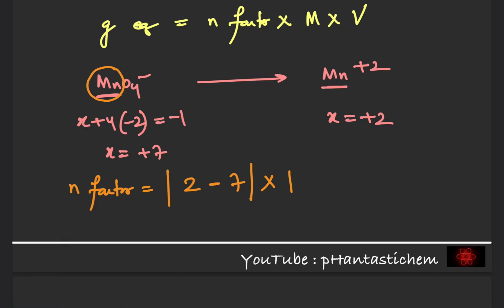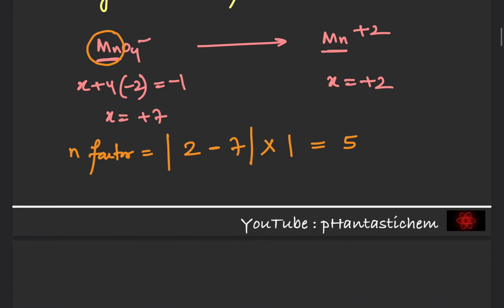This is equal to 5. So the gram equivalents of MnO4- will be 5 into molarity, which we are supposed to calculate, say x molar, into volume 10 ml, so 10 by 1000 liters.